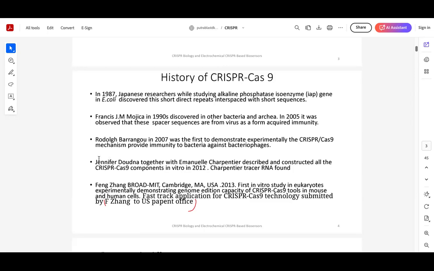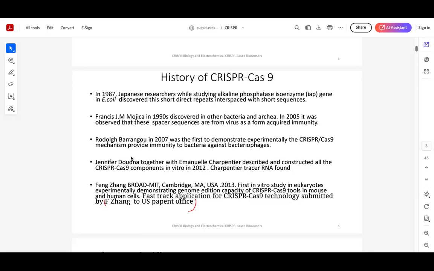So these ladies, Jennifer from Berkeley University, and Emmanuelle, she's French, but she works with a lot of universities, and they have won the Nobel Prize for their work on modifying the CRISPR technology.